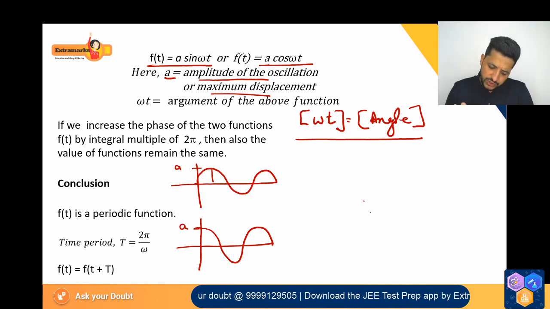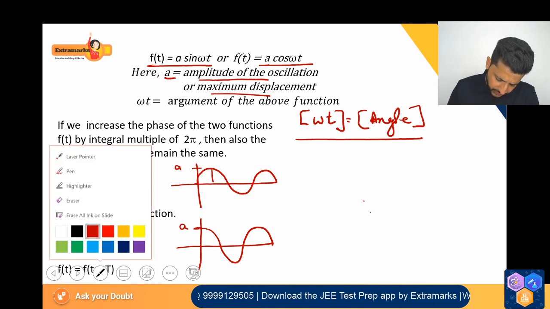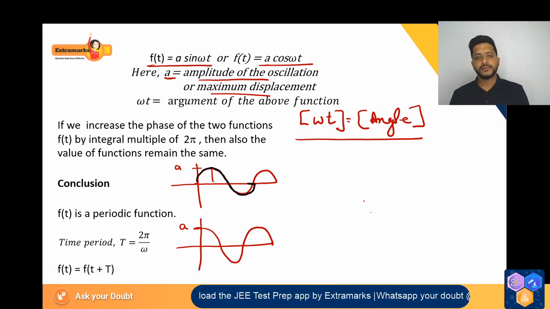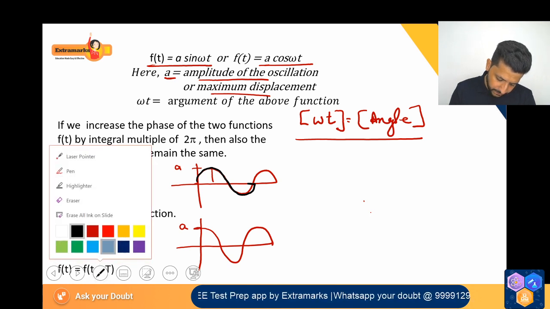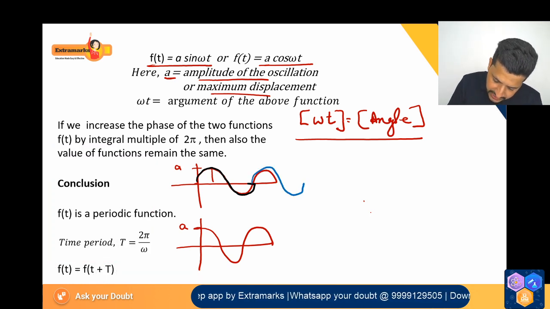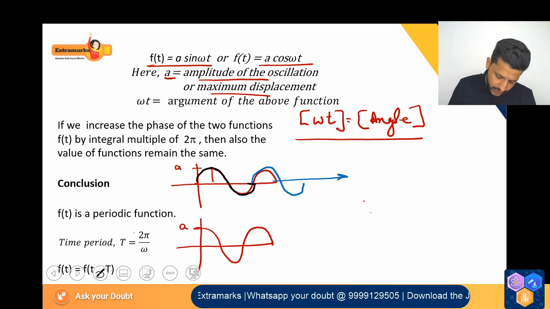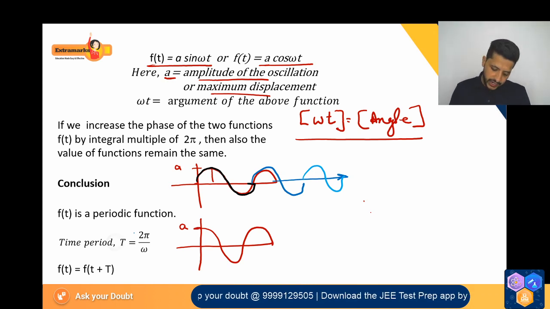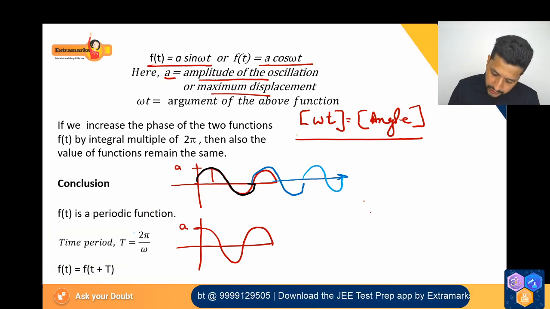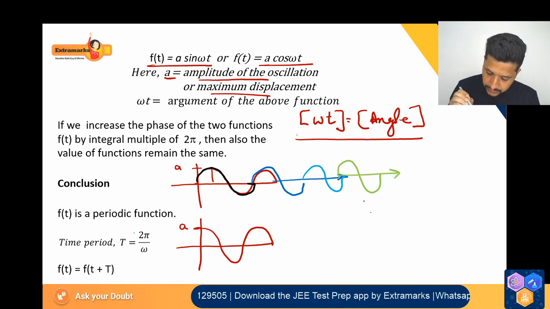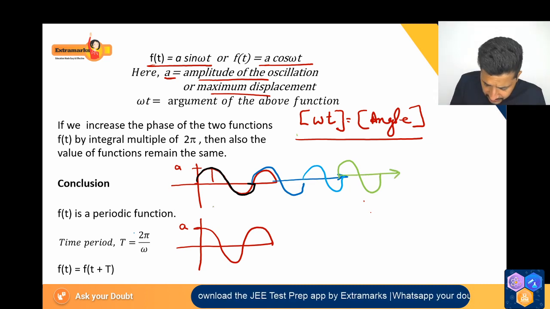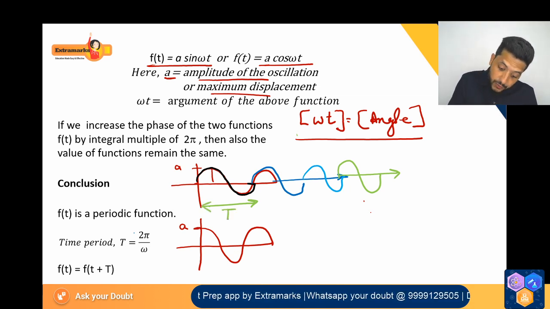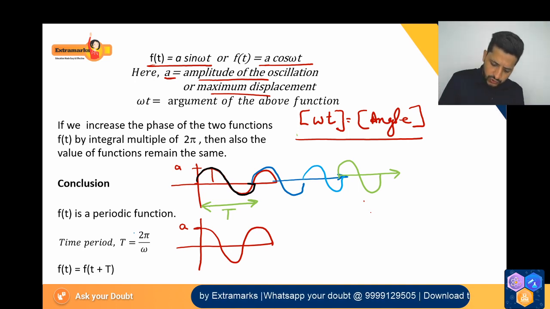I can directly go to the graph, and the graph tells me that this is one cycle, and then the same cycle repeats itself, and then another cycle repeats itself, and so on. After how much time the cycle repeats itself is called the time period, but after how much angle does it repeat itself?